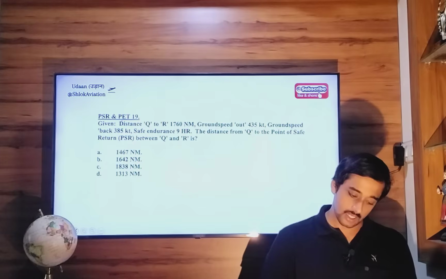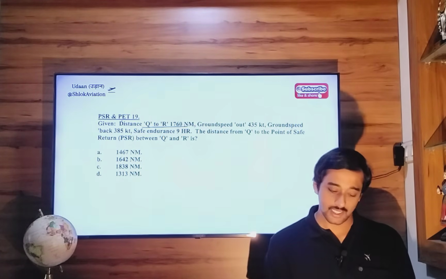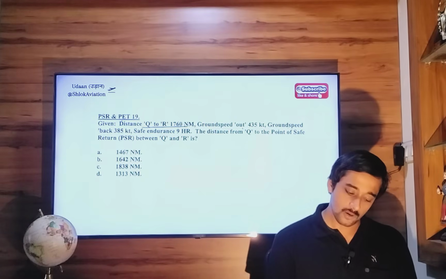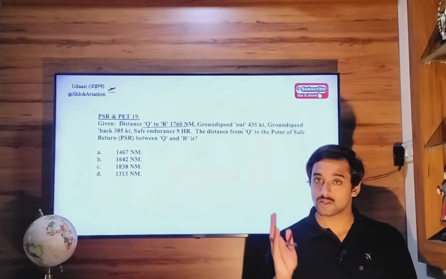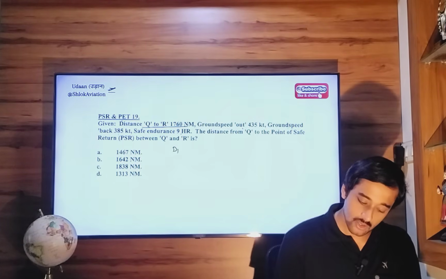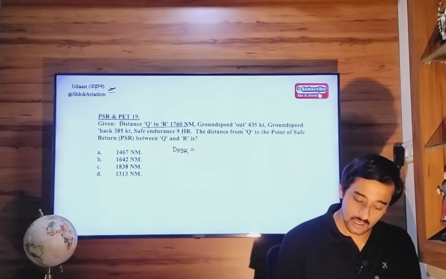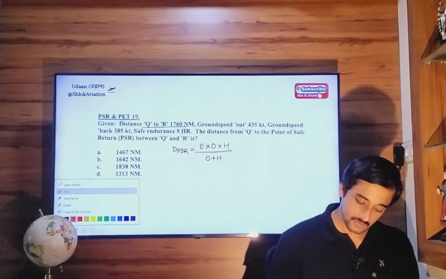Question 19. Distance between departure and destination is 1760. Outbound speed, homebound speed, and endurance are given. What is the distance from Quebec, that is your starting point, to the point of safe return? Again, distance to point of safe return equals endurance into outbound into homebound divided by outbound plus homebound.